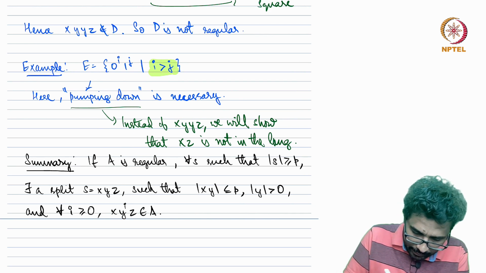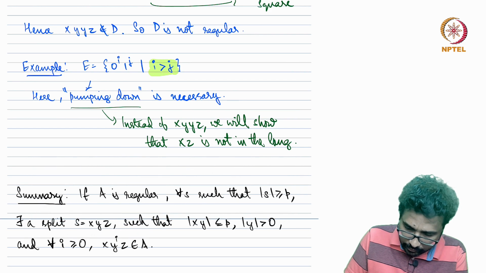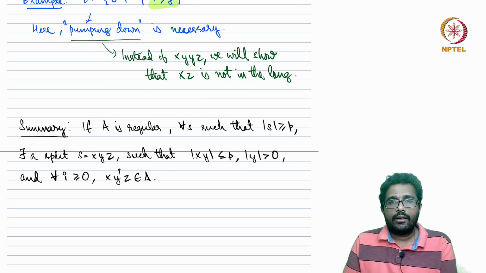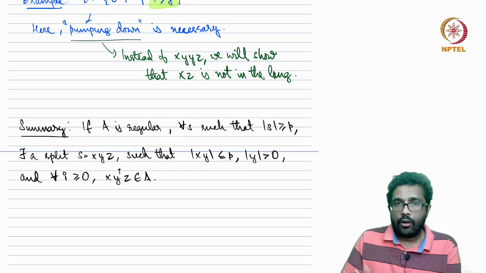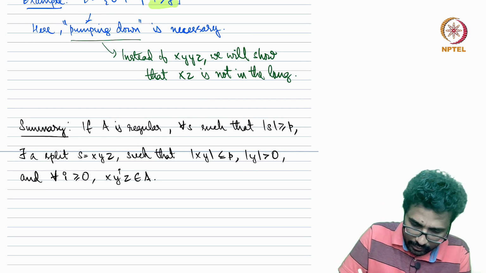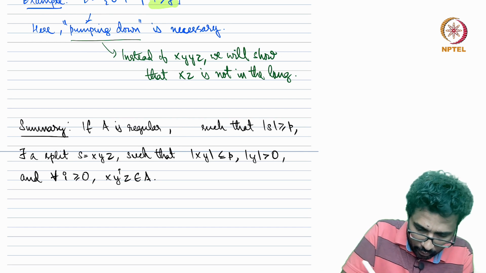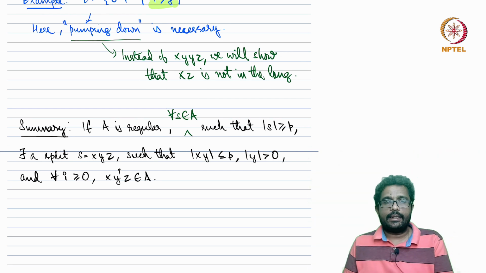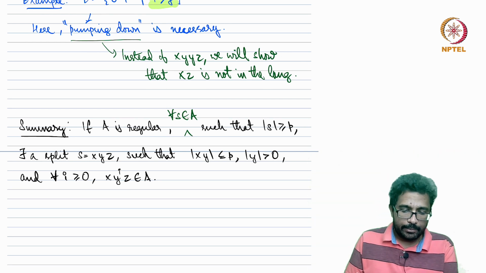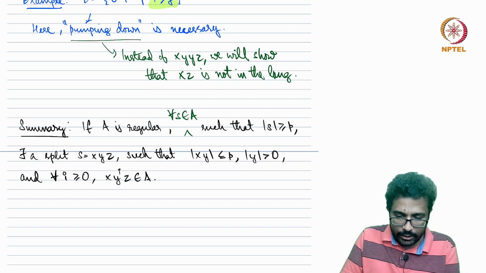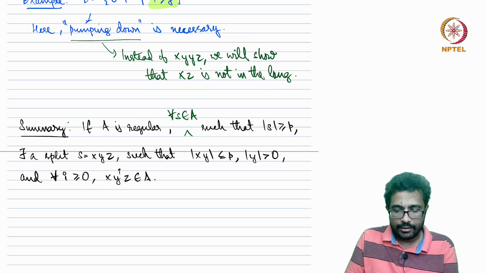Just to summarize, what does the pumping lemma say? The pumping lemma says that if A is regular, then for all s in A such that the length of s is at least p, there is a way to split s such that |xy| is at most p, |y| is greater than 0, and for all i, xy^i z is in A.